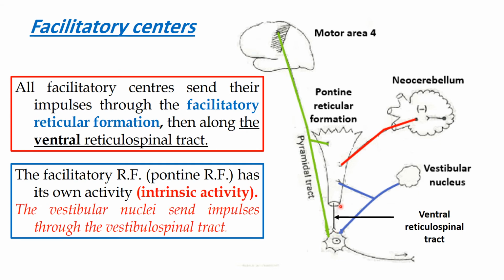But at the same time, we have to mention that even if the pontine reticular formation didn't receive any facilitatory impulses from motor area 4 or the neocerebellum or the vestibular nucleus, it can still send stimulatory impulses to the spinal cord to stimulate the stretch reflex, because it has its own intrinsic activity.